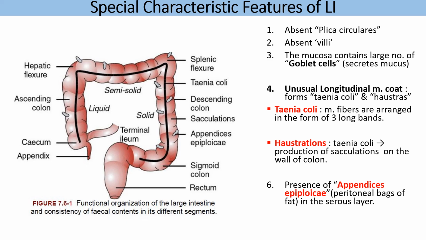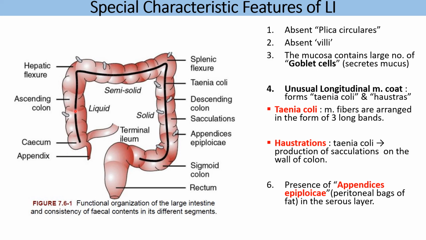The large intestine has an unusual longitudinal muscle coat that forms the taenia coli and the haustrations. The longitudinal smooth muscle fibers of the large intestine are arranged in the form of three long bands called taenia coli, and this causes typical sacculations on the wall of the large intestine called haustrations.